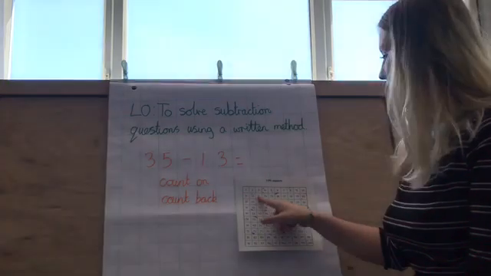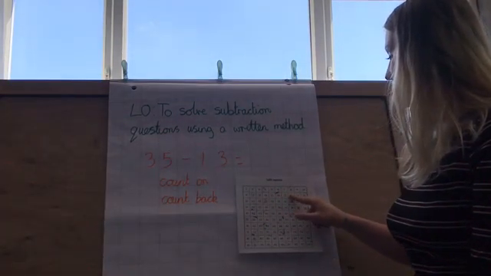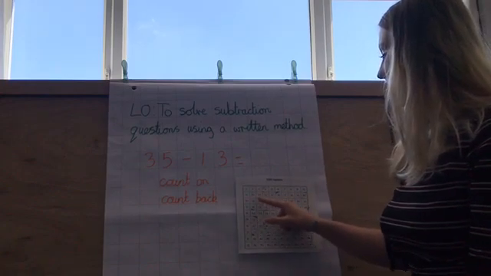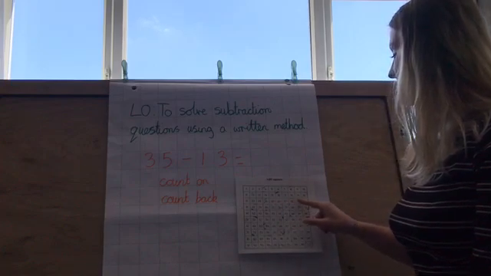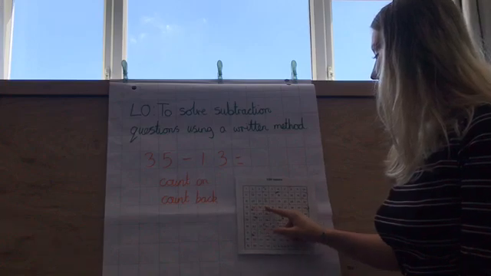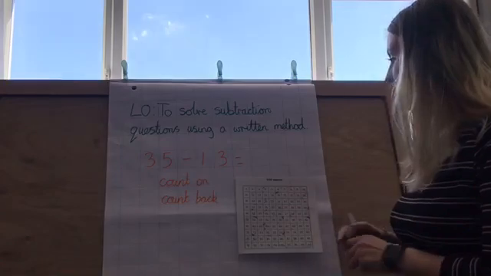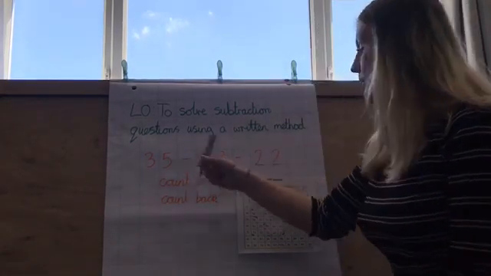Are you ready? 1, 2, 3, 4, 5, 6, 7, 8, 9, 10, 11, 12, 13, 14, 15, 16, 17, 18, 19, 20, 21, 22. Now it took me 22 counts to get up to 35.